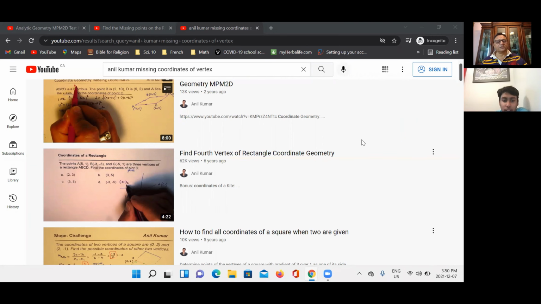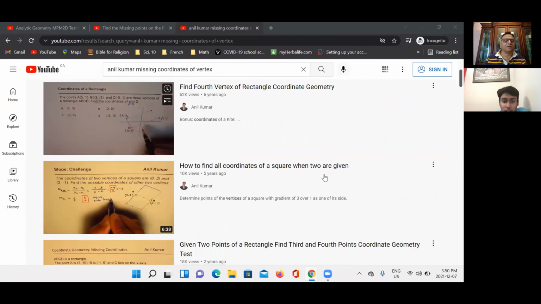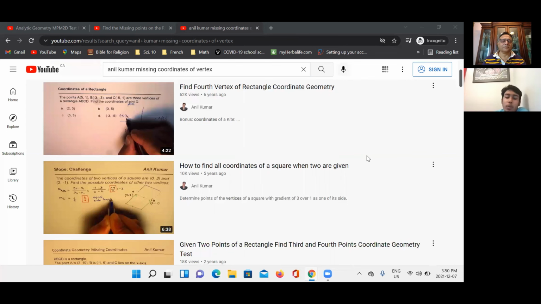Next one, slope challenge. Find all coordinates of a square when two are given. The coordinates are two vertices of a square, 0, 3, and 2, -1. Find the possible coordinates of the other two vertices. Possible means it could be on either side, and therefore we have two sets of values. And that's very important to understand. You get the idea, right?